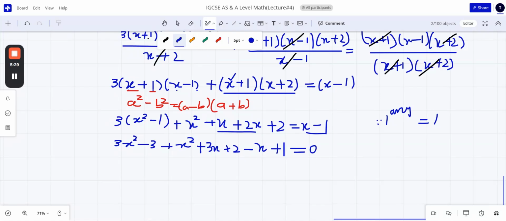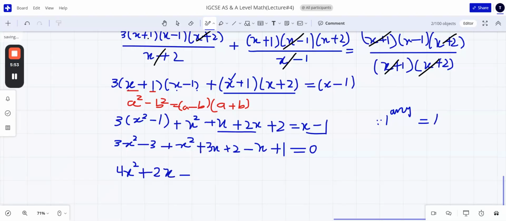Now here the 3x square and plus x square becomes 4x square. Then minus 3 and plus 2 and plus 1 would be 0, and 3x minus x becomes 2x.